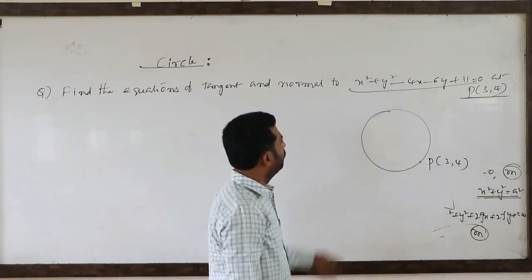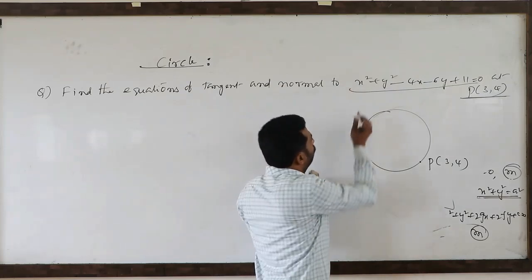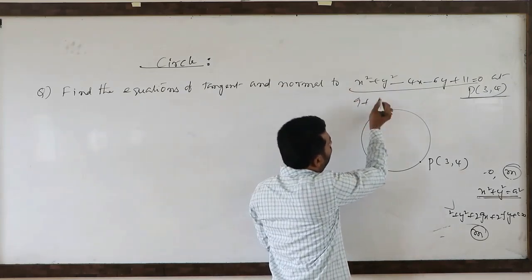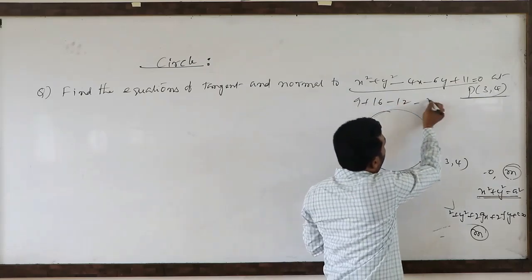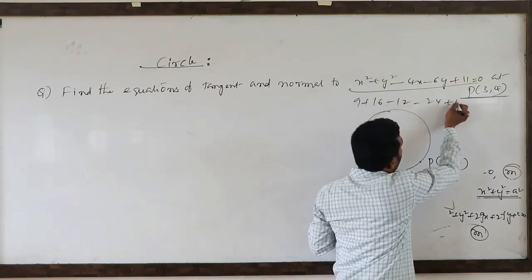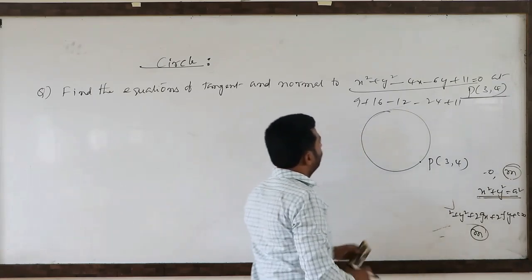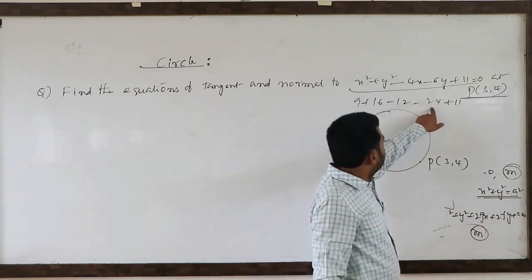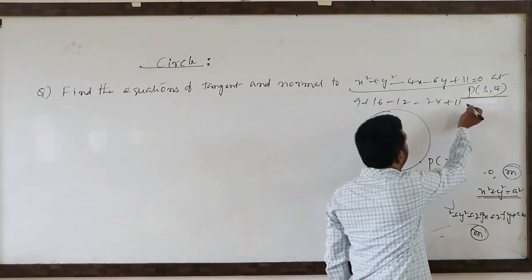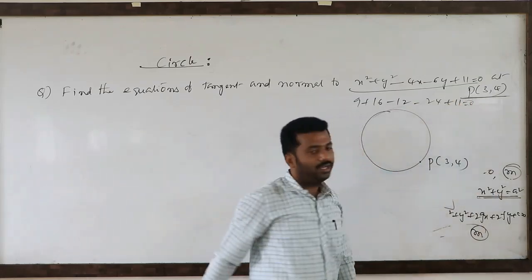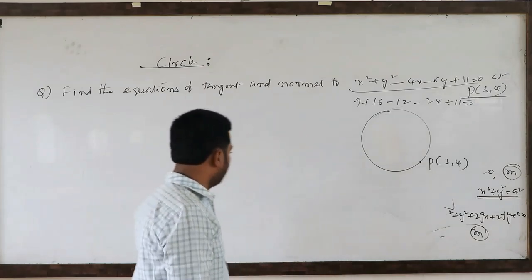X value 3 means 9, plus 16, minus 12, minus 24, plus 11. This is 25 plus 11, which is 36, and 36 minus 36 will be 0. Clearly, the point lies on the circle.